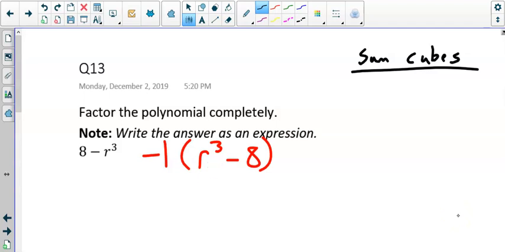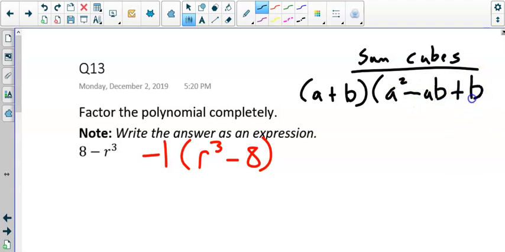But the sum of cubes looks like this: A plus B was your first parenthesis, and then you had A squared minus AB plus B squared. That's what the sum of cubes formula looked like.